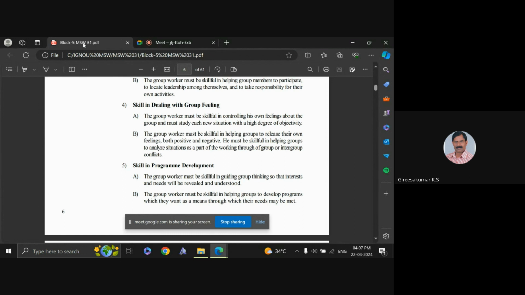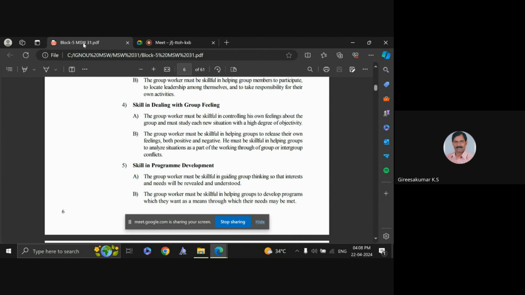That is, the group has to analyze the situation. Hence, the need of the social worker is very much necessary in that. So the social worker has a skill for that. Otherwise, they won't succeed, or the aim or the goal cannot be achieved.